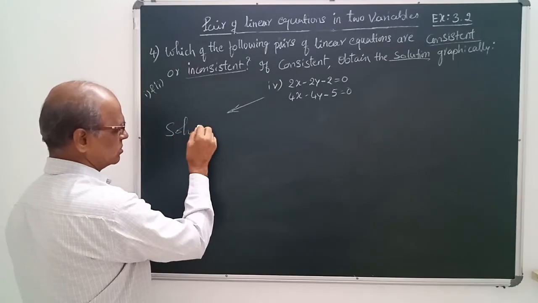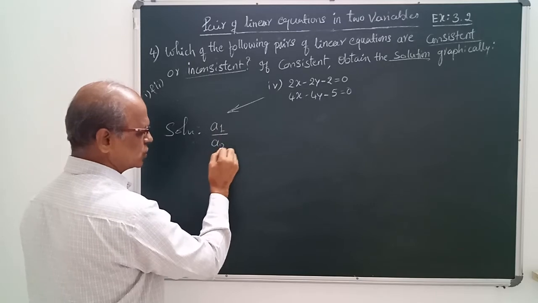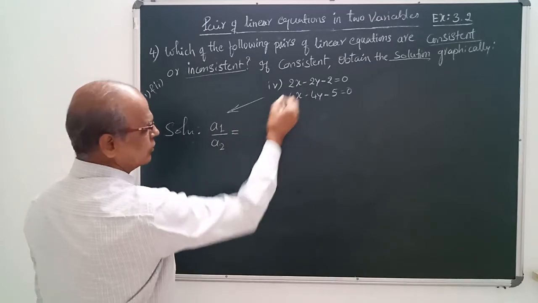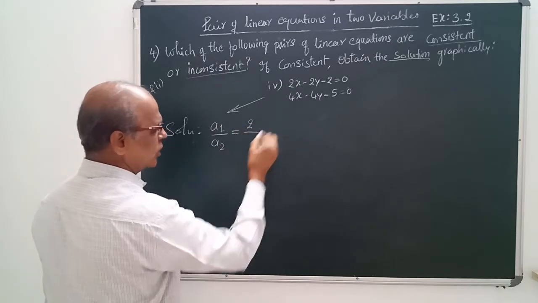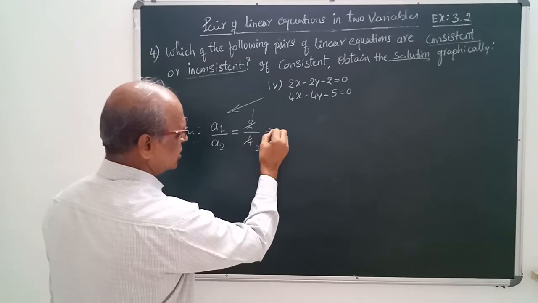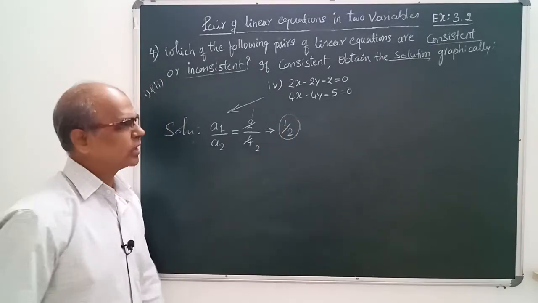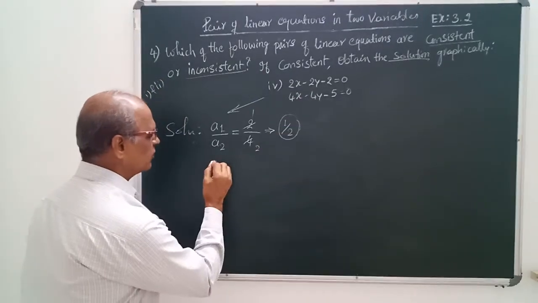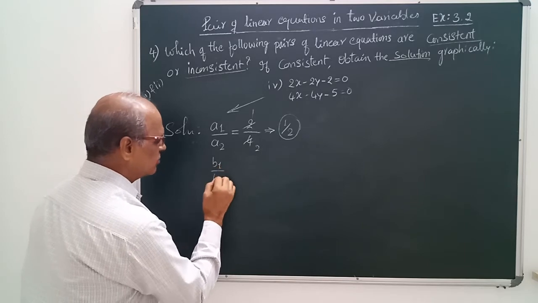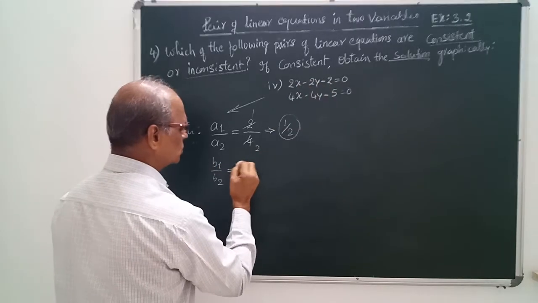Solution. Right. What is A1? Find the ratios first. A1 value is 2 and A2 value is 4. That means 2 1s are 2, 2 2s are 4, so here it is 1 by 2, A1 by A2. Go for B1 by B2. What is B1? Minus 2.